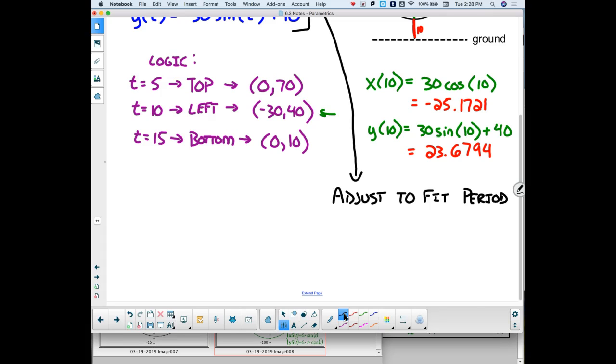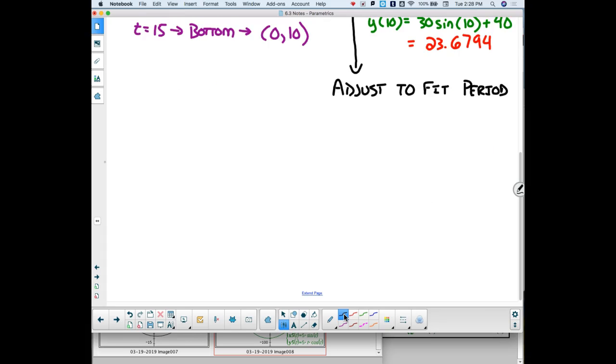Now, back in first semester, we were dealing with graphing trigonometric functions. We graphed sines and cosines this way. We could have graphed tangents, cotangents, secants, and cosecants this way, but we limited it to sines and cosines. We said y equals a times the cosine of b times the quantity x minus c, then plus d.